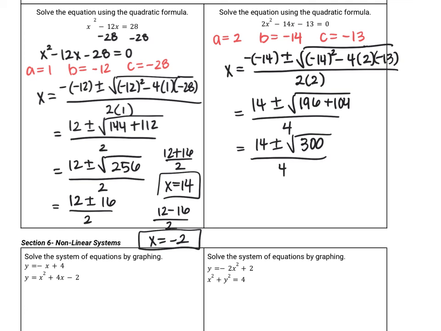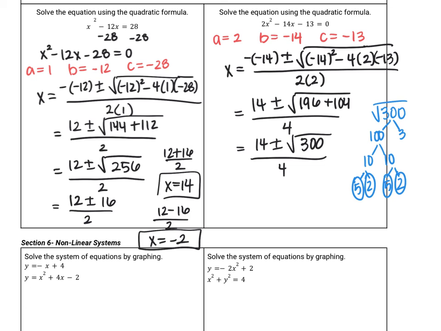Now 300 is not a perfect square. So what we want to do is we want to break it down. We do not want to write the decimal. So if I break down 300, I can break it down as 100 times 3. 100 is 10 and 10. And those break down as 5 and 2 and 5 and 2. So if I look, I have a pair of 5s and a pair of 2s.